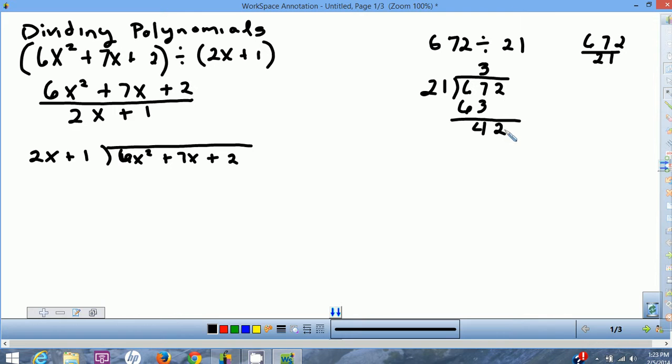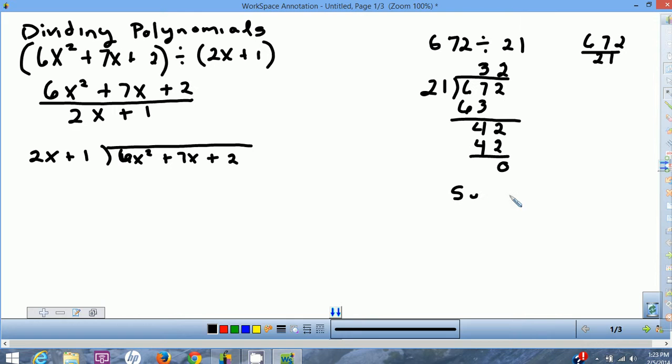And then I'll repeat the process. How many times does 21 go into 42? Well, 21 goes into 42 twice. 2 times 21 is 42, and I subtract: 42 minus 42 is 0. So I can make a couple of statements here.